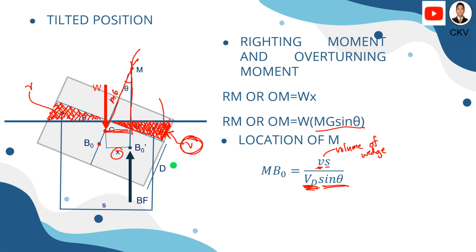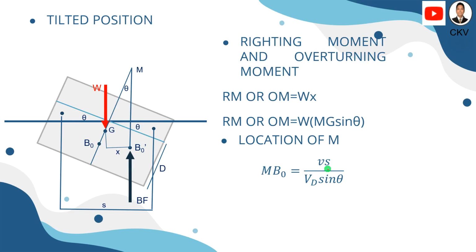Theta is the angle of tilt. The distance s is the horizontal distance between the centroids of each wedge: locate the centroid of the wedge on each end and take the horizontal distance between the two centroids. That's your s.